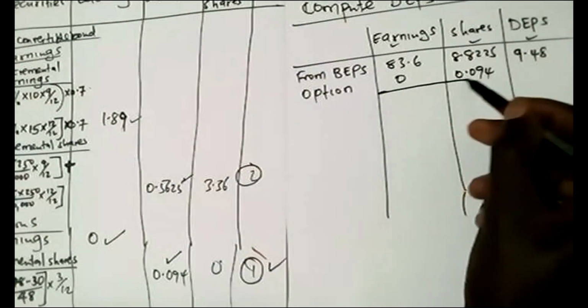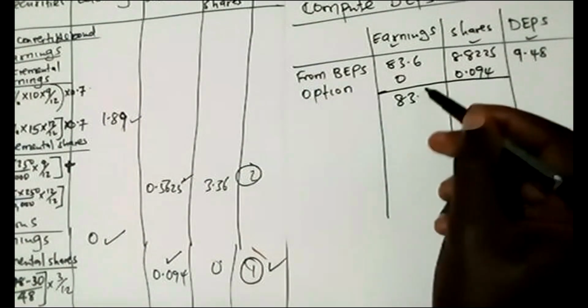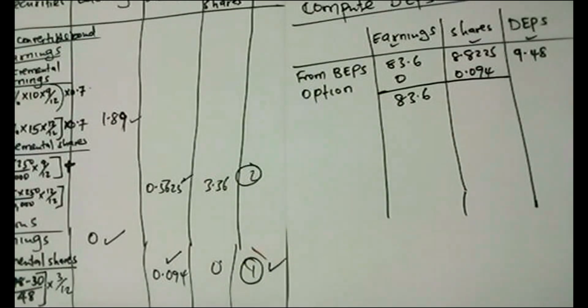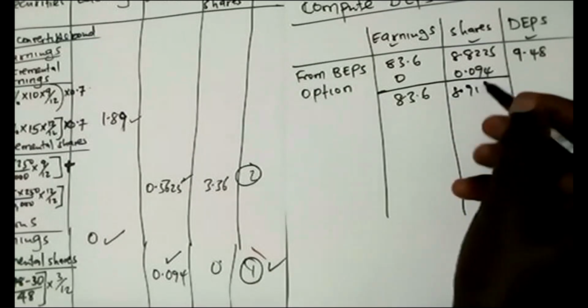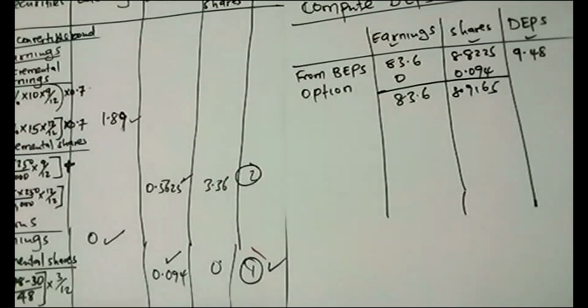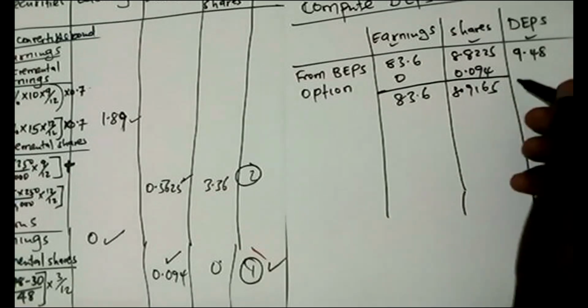So you add: 83.6 plus 0 is 83.6, and 8.8225 plus 0.094 is 8.9165. So you divide the two, 83.6 divided by 8.9165, to get 9.38.